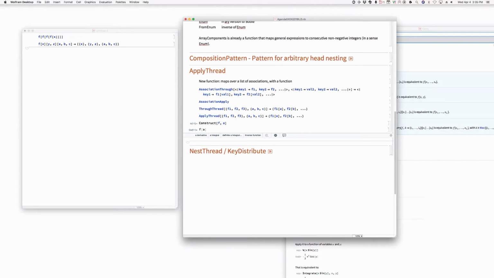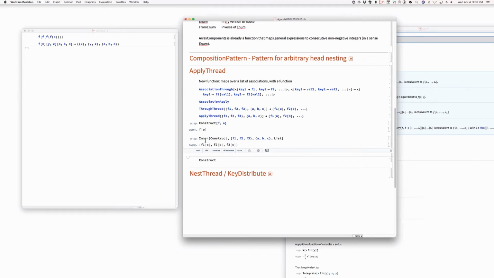That this is some kind of thread construct thread? Yes, or inner. For example, you can do inner, construct, and then two lists. And then you put there the two lists, and then you need a comma list. Right.